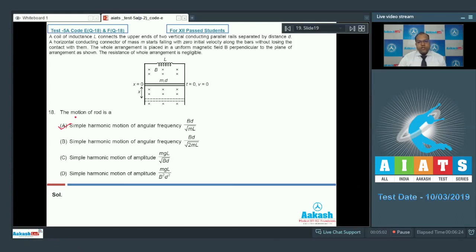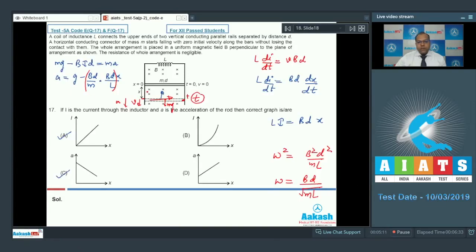Now we have to check the validity of options C and D. We have to find out what is the amplitude. In order to calculate the value of amplitude, we know that at the mean position the acceleration becomes 0.